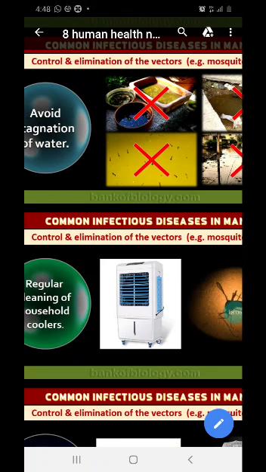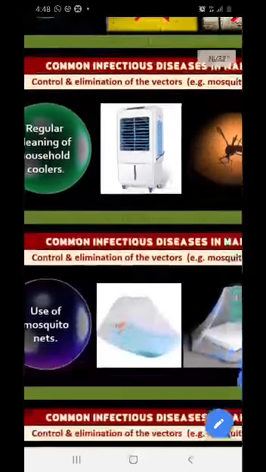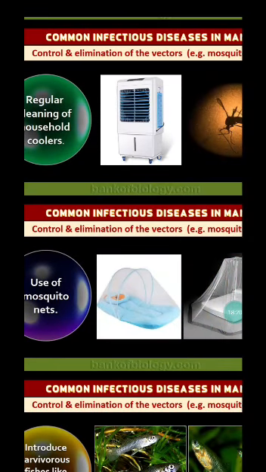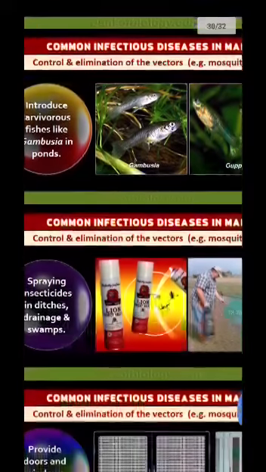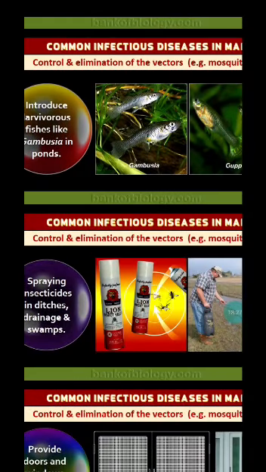These are the different ways to eliminate the vector, especially mosquitoes: by avoiding stagnation of water, by regular cleaning of household coolers, by the use of mosquito nets, and by introducing larvivorous fishes like Gambusia and guppies in the water tanks or water bodies around our house.